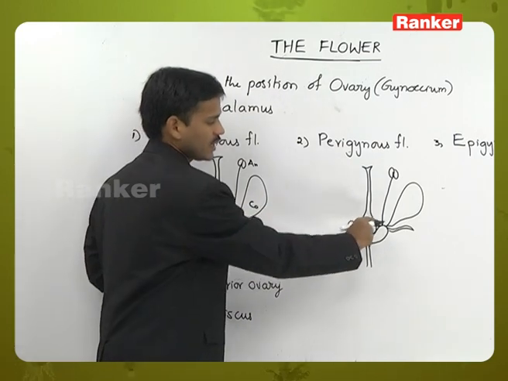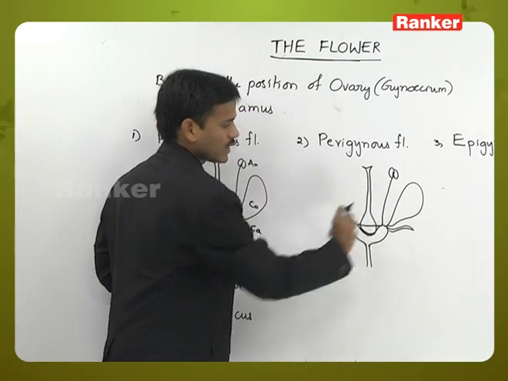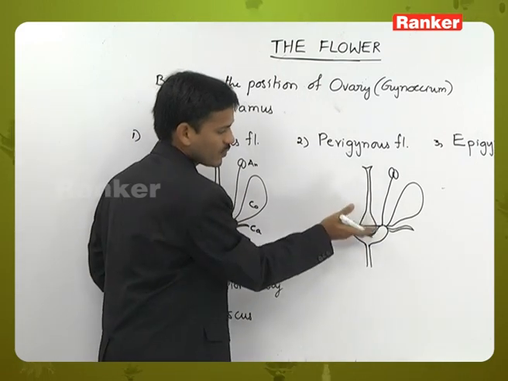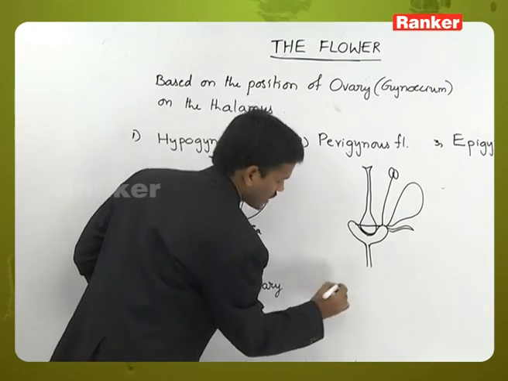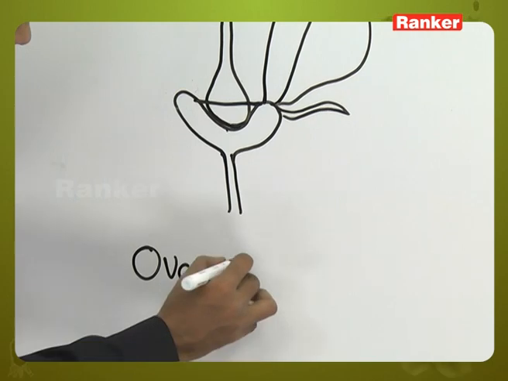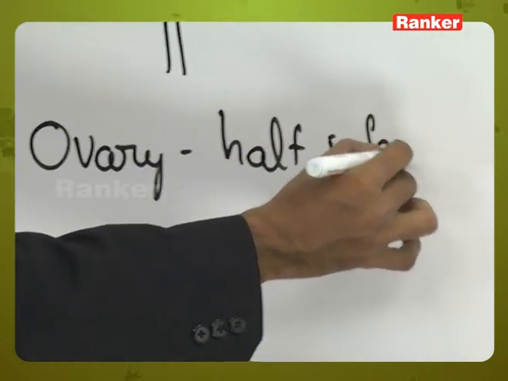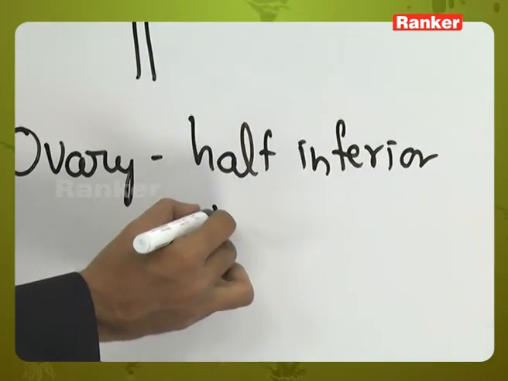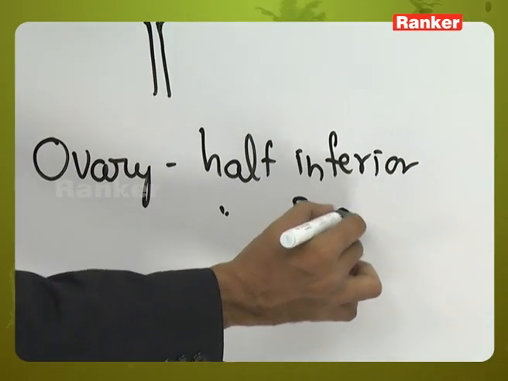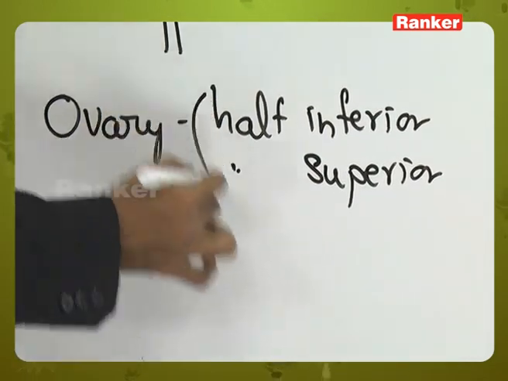So comparatively, half of the ovary is inferior, half superior.